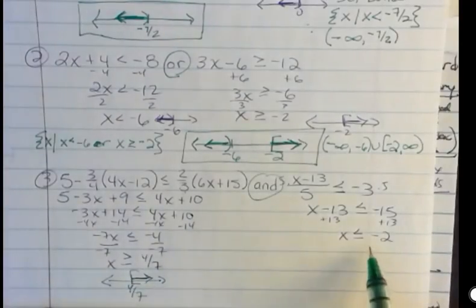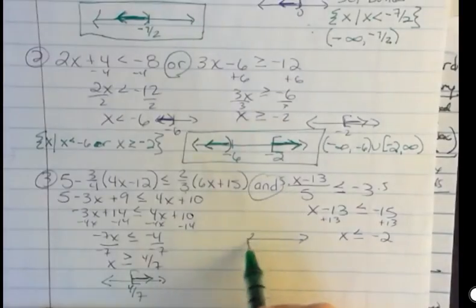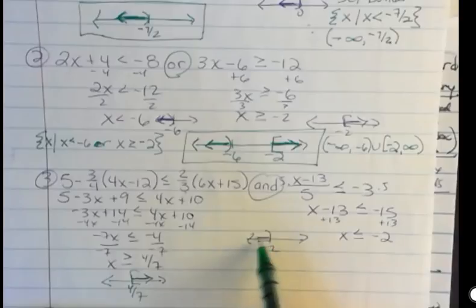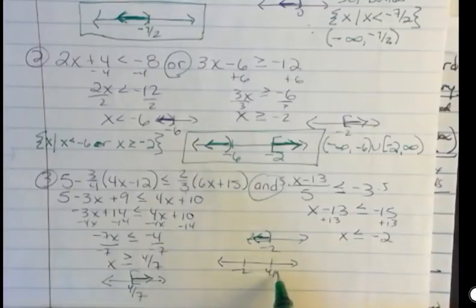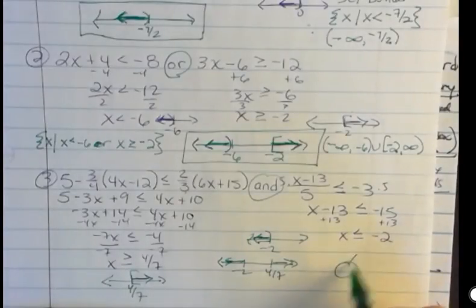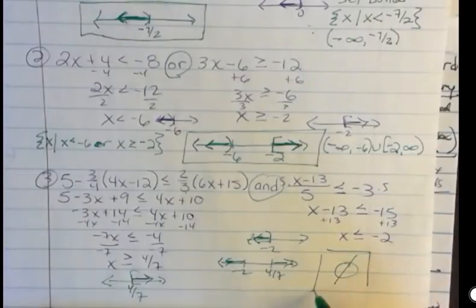And this one starts at negative 2 and goes forever to the left. So if you think about these on the same graph, here I have negative 2 and here I have 4/7. I'm going this way and I'm going that way. Where's the overlap going to be? Nowhere. There's no overlap. So this particular compound inequality cannot be solved. There's no solution to it because there's no overlap when I look at the two graphs.